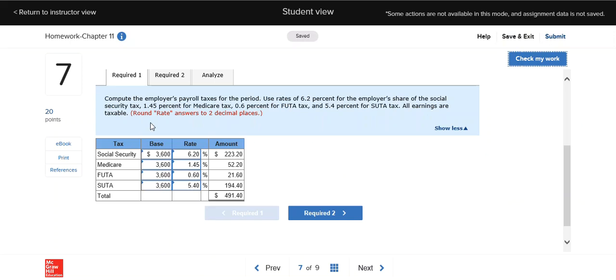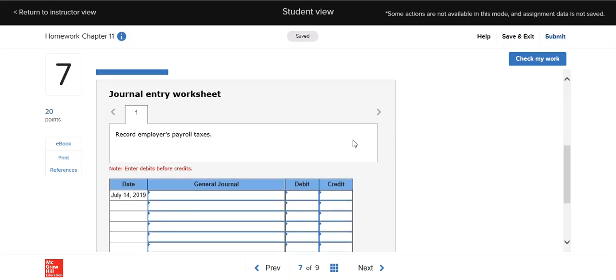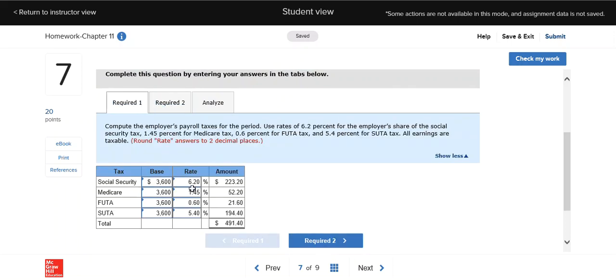So that's requirement 1. Requirement 2 says prepare a journal entry to record the employer's payroll taxes for the period. So these are expenses to the employer. And I'm assuming he hasn't paid them yet. So we need to record an expense of $491.40.